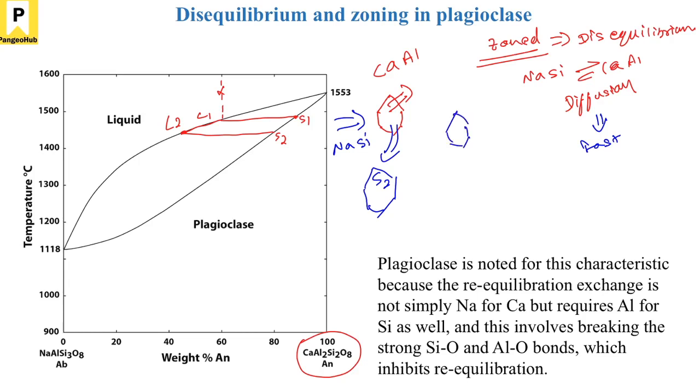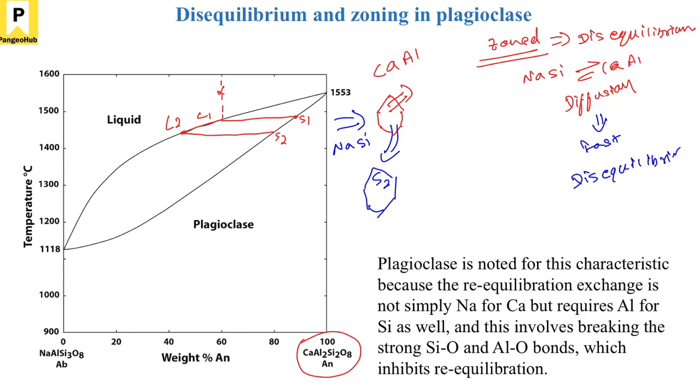By reaction I mean there is diffusion of Ca and Al from the solid to the melt, and then Na and Si come in from the melt to the crystal to generate the next set of crystal, which is S2. Now this reaction is unable to take place as the rate of cooling is faster. So in that case there will be disequilibrium.